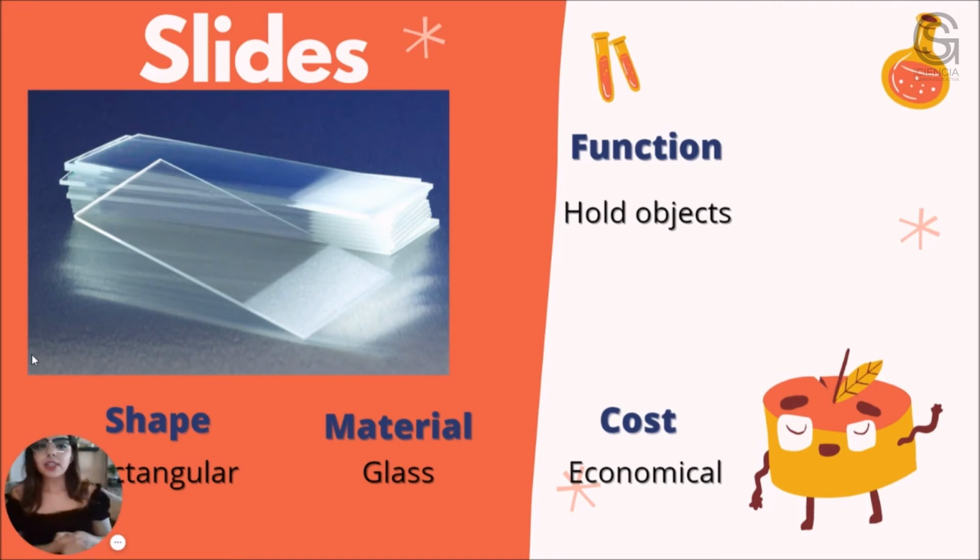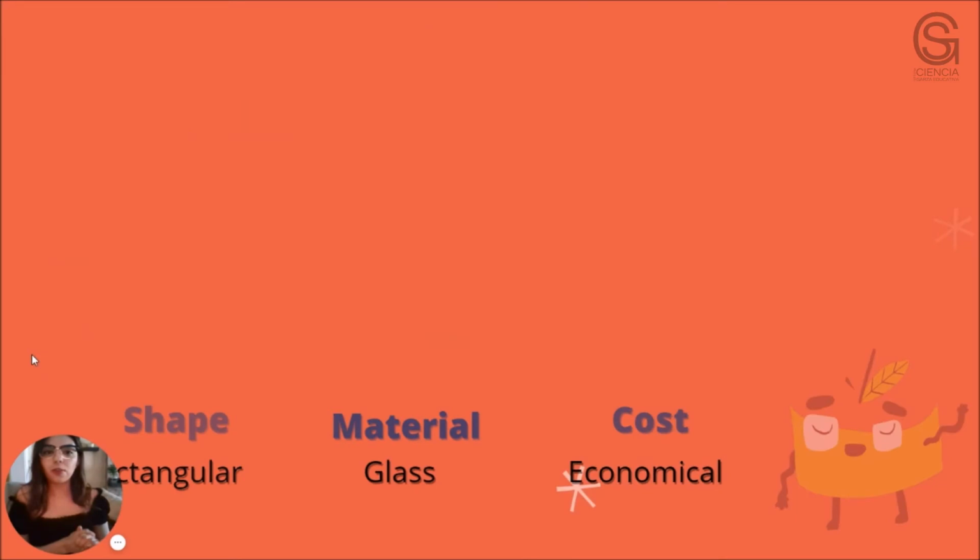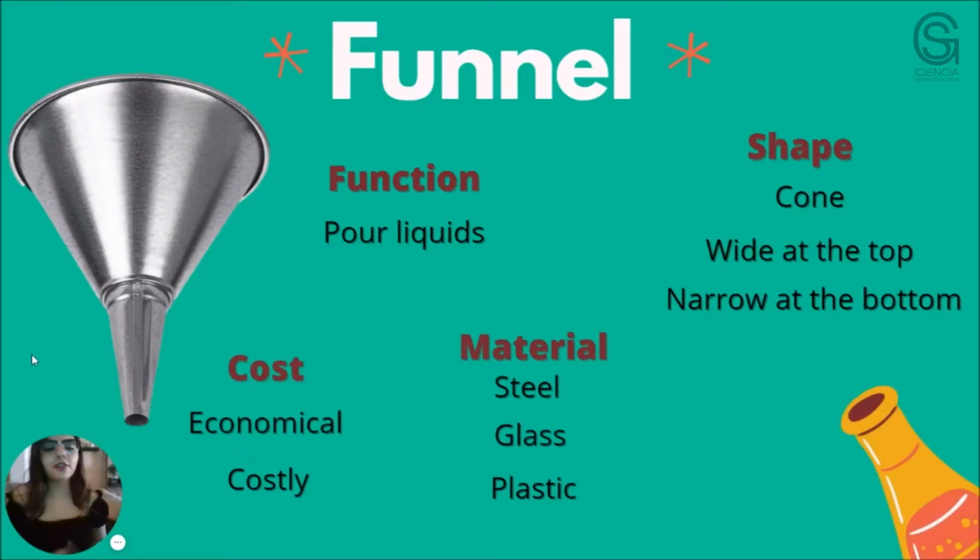So as a third object, that is the most common one that you mainly know, is a funnel. A funnel is really useful because, well, we are going to talk about its function. Its function is to pour liquids into new containers. The most common use of a funnel is to pour liquids into bottles. So that's why it's very useful and helpful.